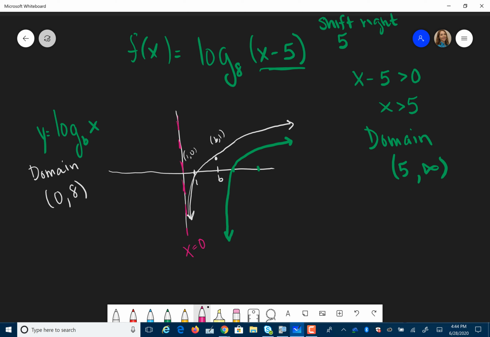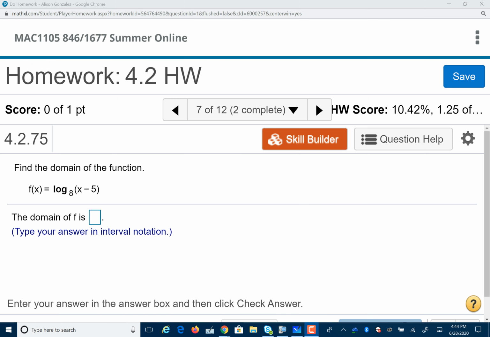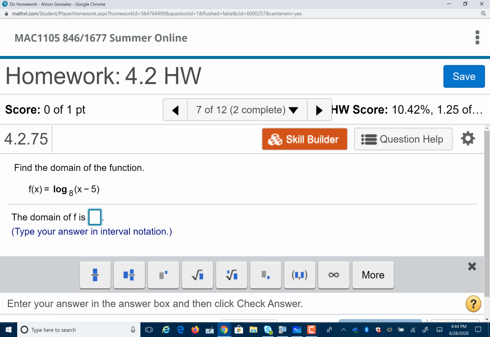The asymptote comes along with it, so the asymptote for this one is going to be x equals 5. So the domain for this function is 5 to infinity. Just like that.